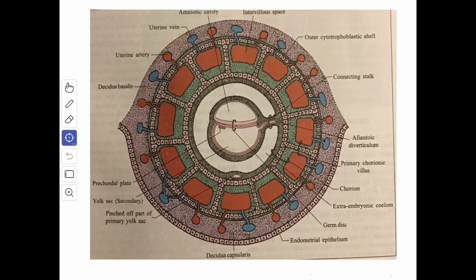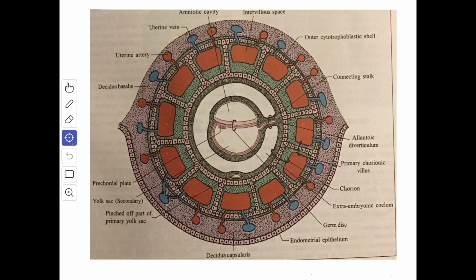In the succeeding stage, the primary yolk sac undergoes much reduction in size because a large portion of the sac is pinched off by the traction of the mesodermal strands which connect it to the abembryonic pole of the chorion.